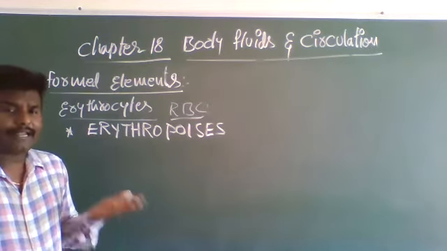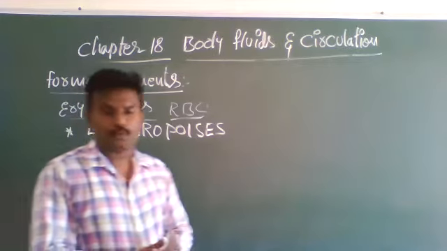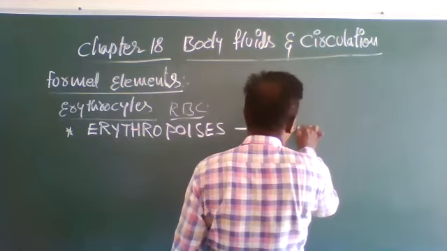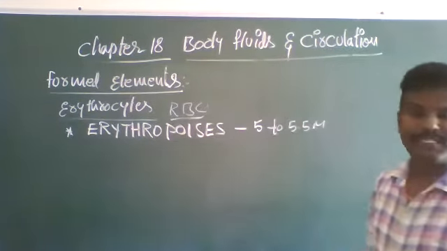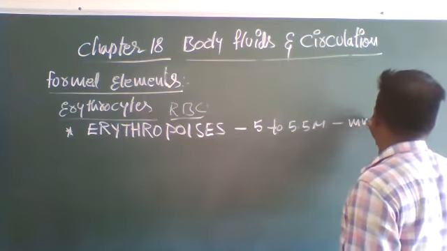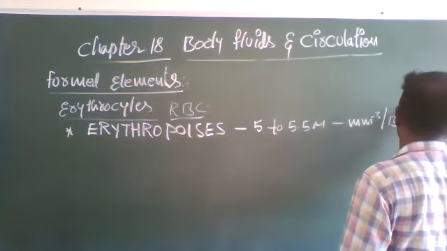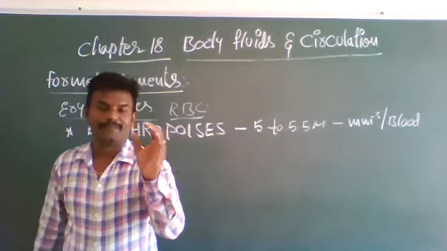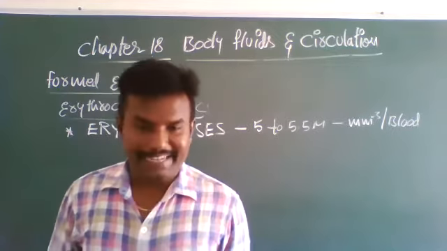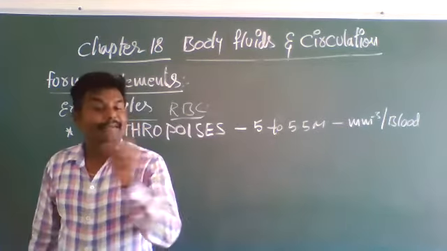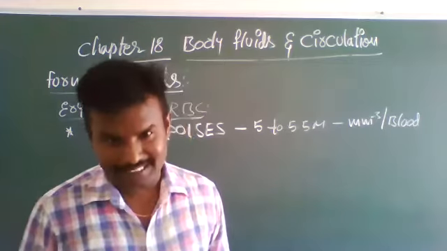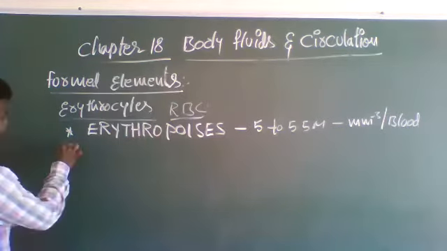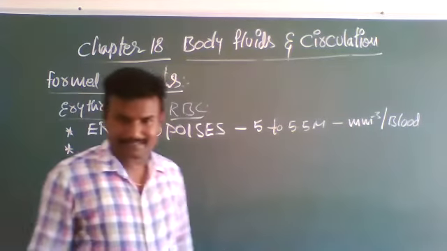About 5 to 5.5 million red blood cells are present in 1 cubic millimeter of blood in healthy adult human beings. So the production of red blood cells is called erythropoiesis.